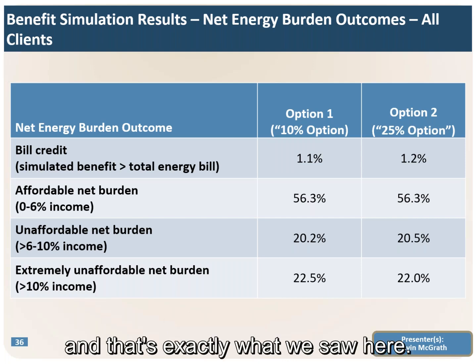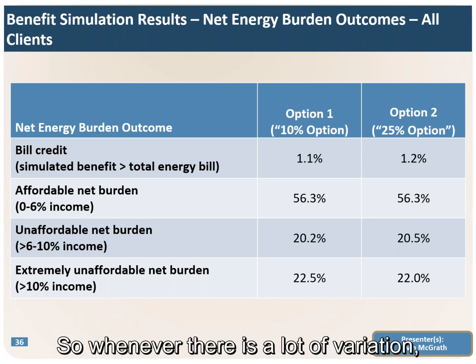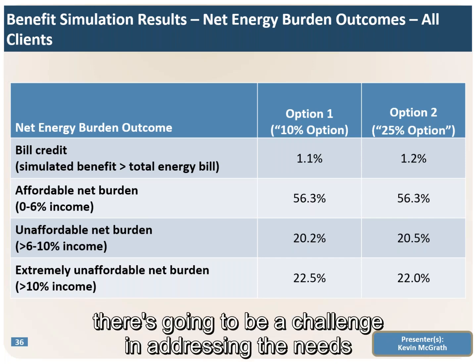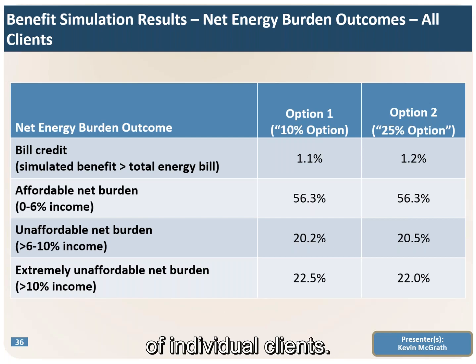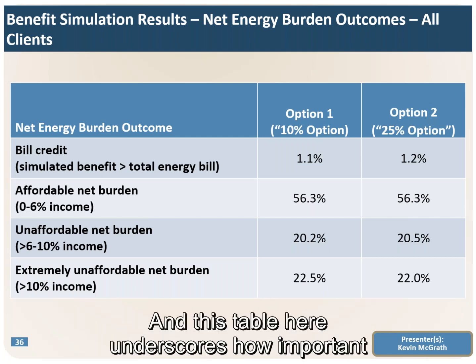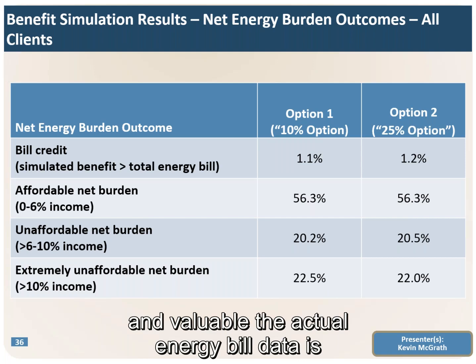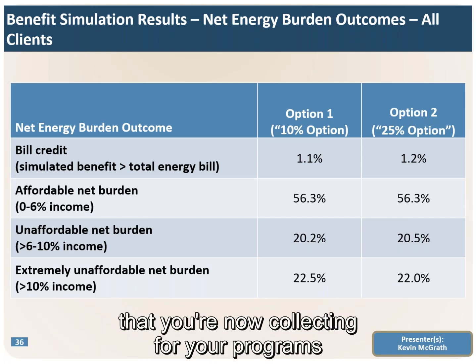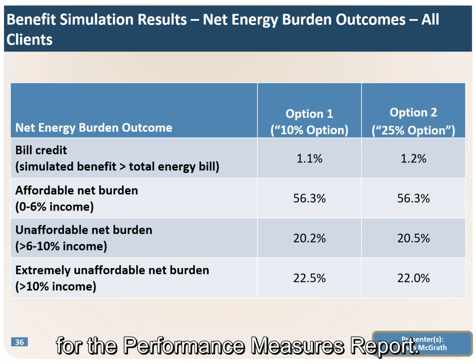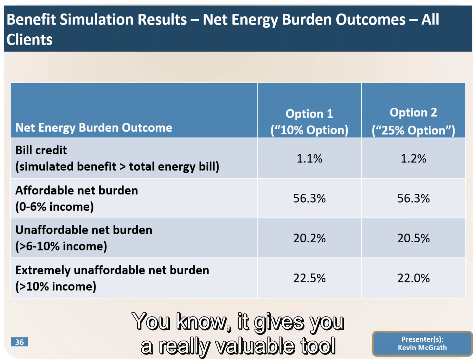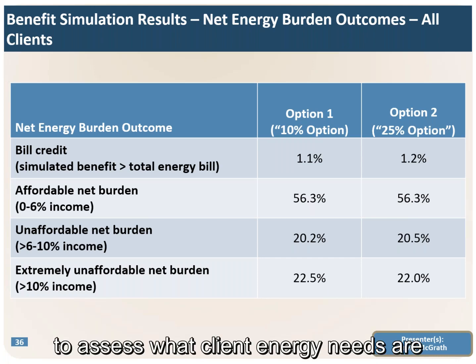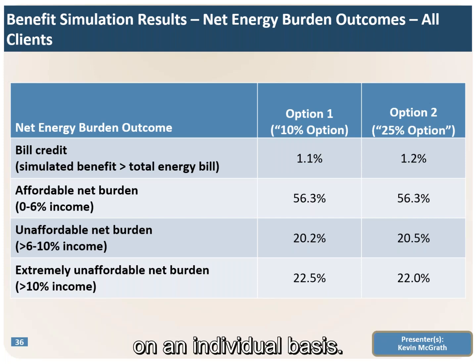And that's exactly what we saw here. So whenever there is a lot of variation, there's going to be a challenge in addressing the needs of individual clients. And this table here underscores how important and valuable the actual energy bill data is that you're now collecting for your programs for the performance measures report. It gives you a really valuable tool to assess what client energy needs are on an individual basis.